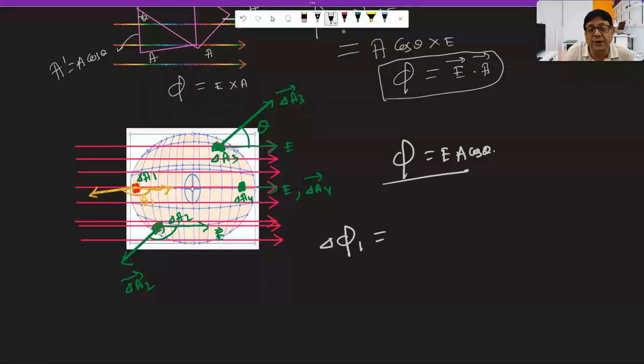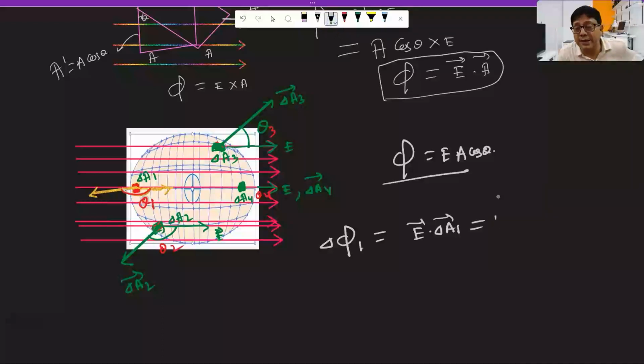Delta phi 1 is what? E dot delta A1, where this angle we have taken is theta. Okay, I'll make it clear for you. This angle is theta 1, this angle is theta 2, this is theta 3, and this is theta 4. All these to be taken into consideration.